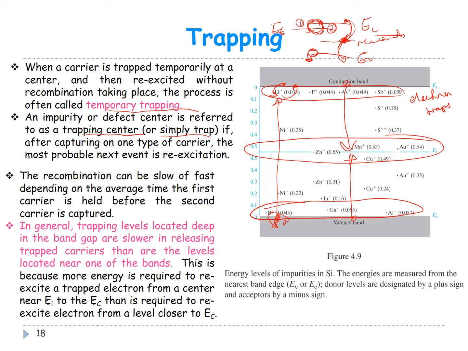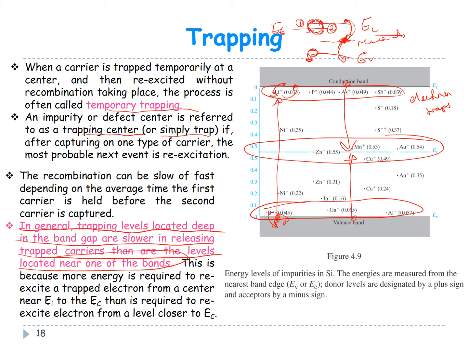So we are saying in general, trap levels located deep in the gap are slower in releasing trapped carriers than the levels located near the band edges. This is because more energy is required to re-excite a trapped electron from a center near Ei than from a level close to the band edge.